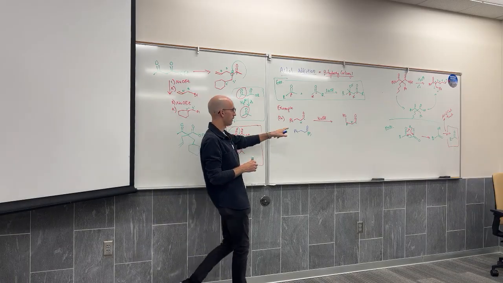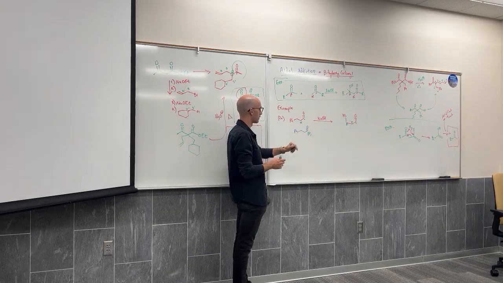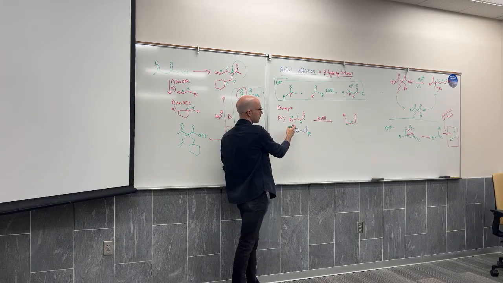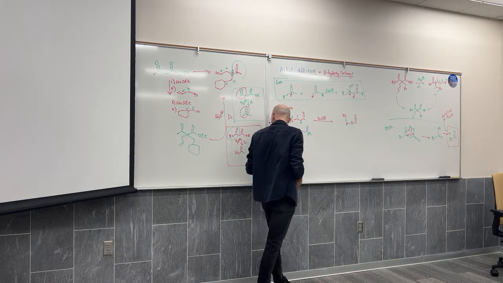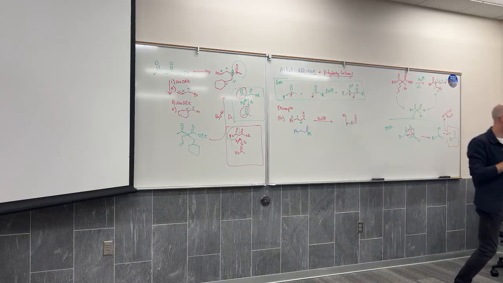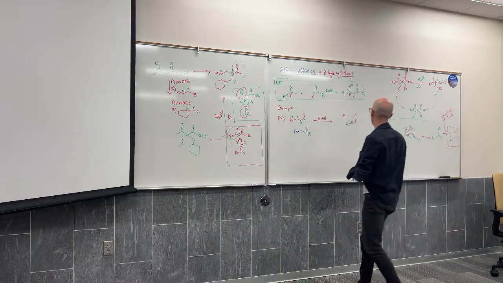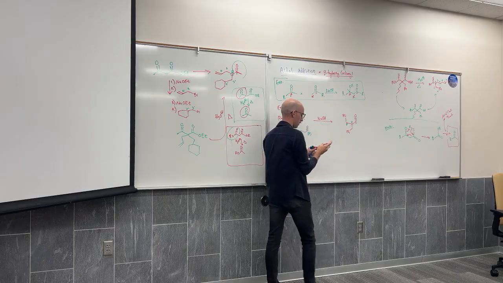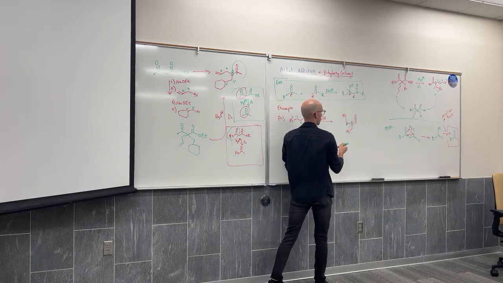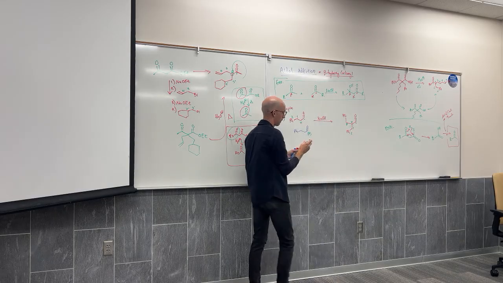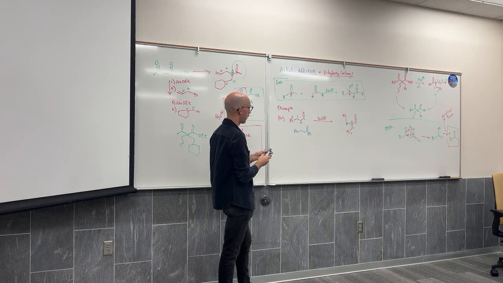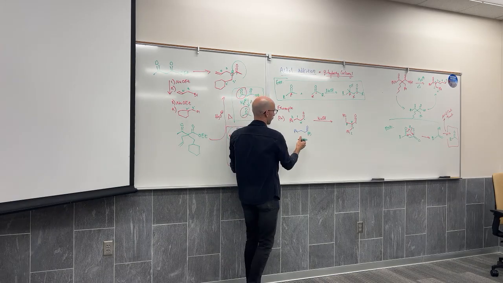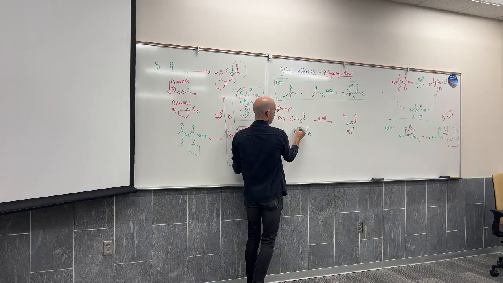So alpha attacks beta. Alpha is still attached to these 2 carbons, 1 and 2. So I'm going to draw down from alpha this 1 and 2. And from beta, which is the one that gets attacked, I still have this 1, 2, 3.